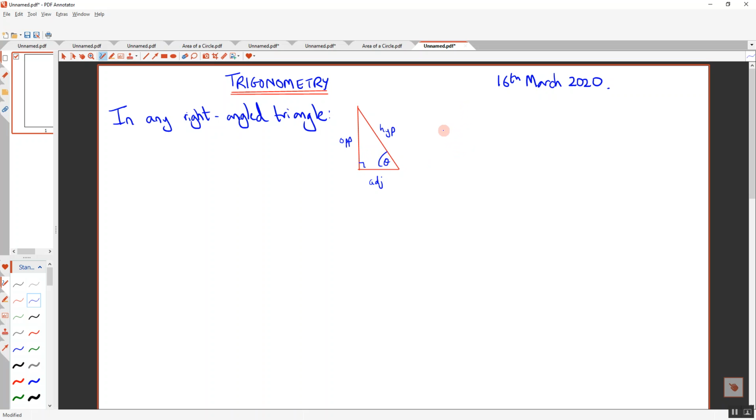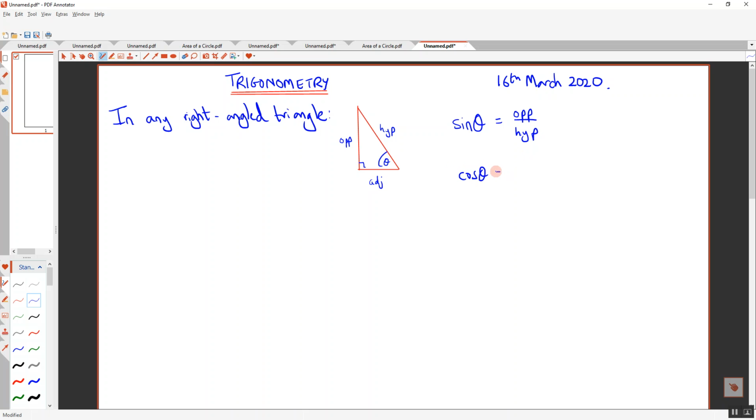So in any right angle triangle, the sine of the angle is equal to opposite over hypotenuse.